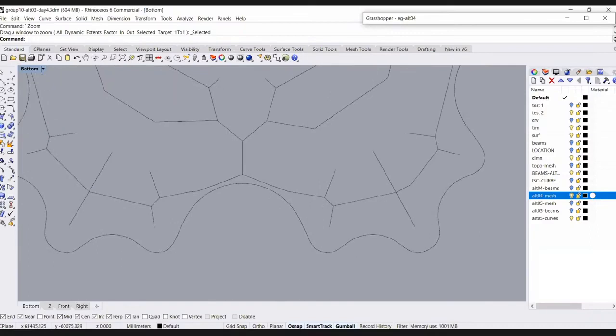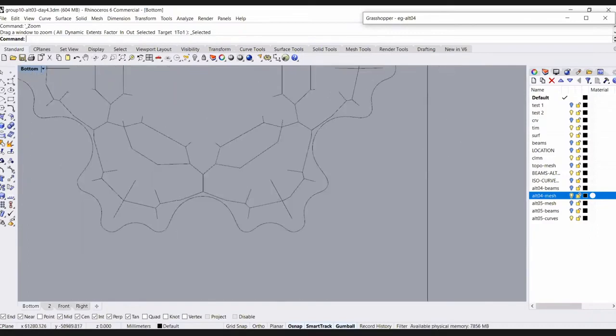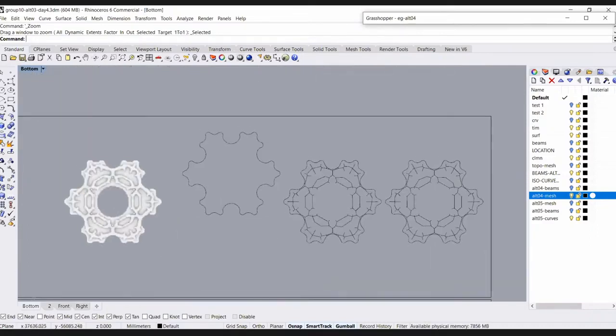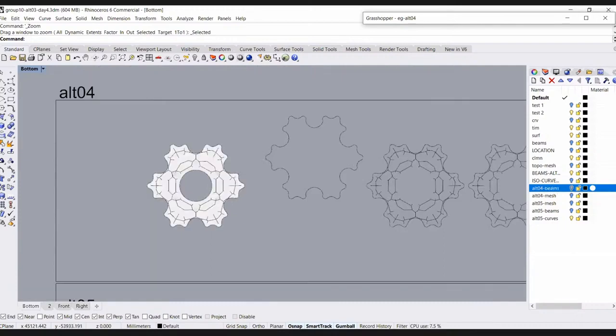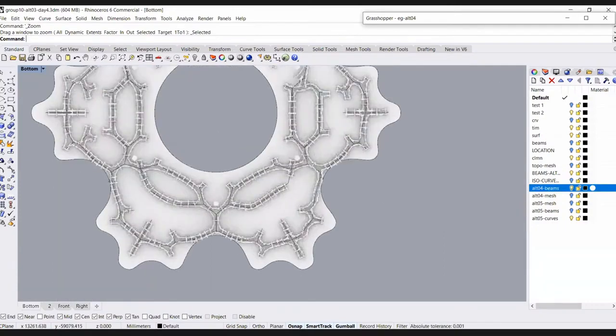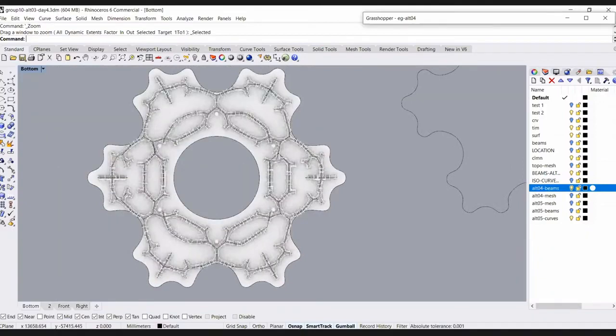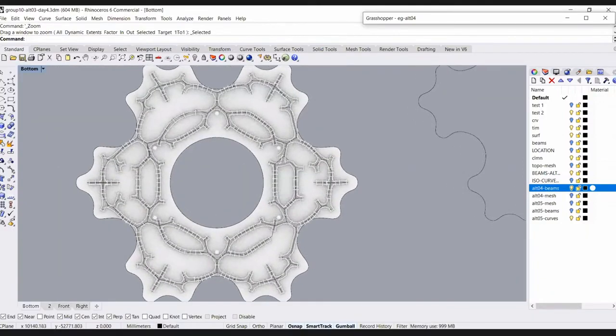And with these modified curves, I obtained these beams, as you can see here. They are mostly organized, and there is not any chaotic or turbulent arrangement of elements like yesterday.